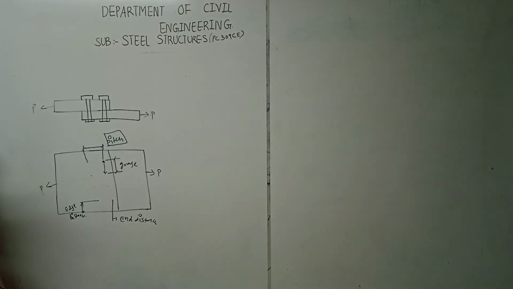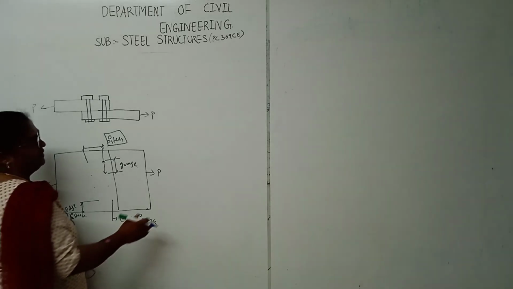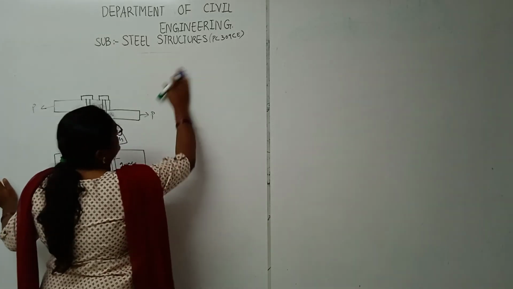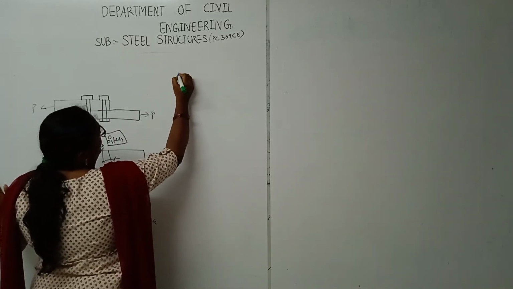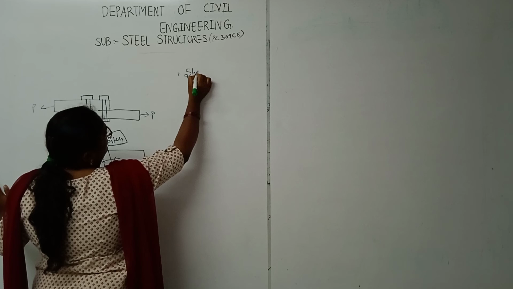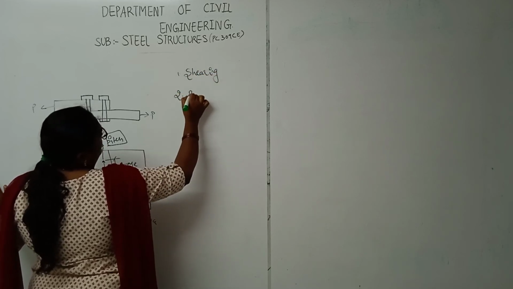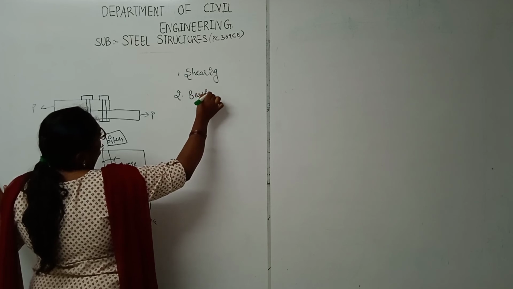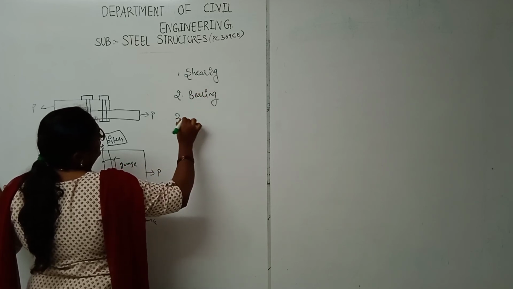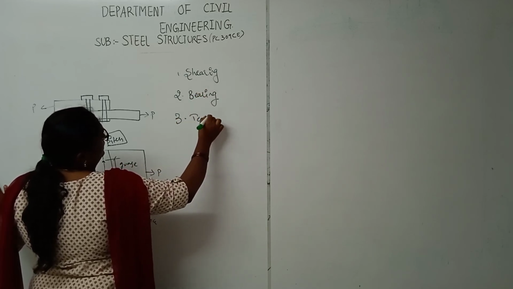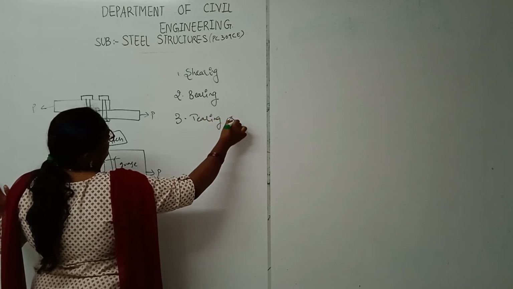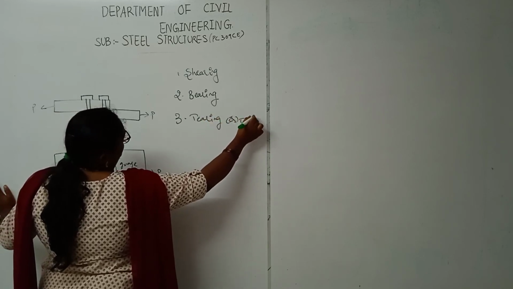So see here, whenever your plate is pulled in both opposite directions, at that moment there is a generation of three terms. One is shearing, one more is bearing, and the third one is tearing or tension.